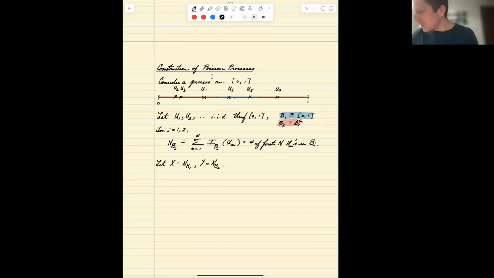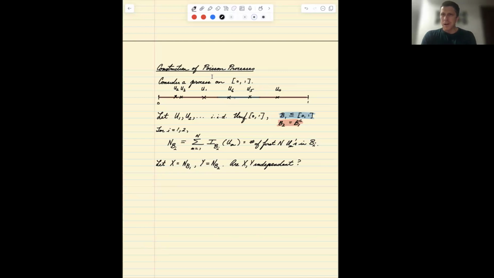First question: are X and Y independent? Something to think about is, are X and Y independent in this construction?